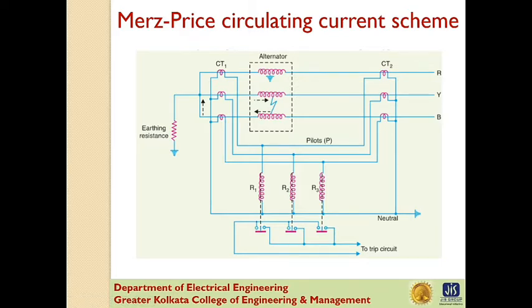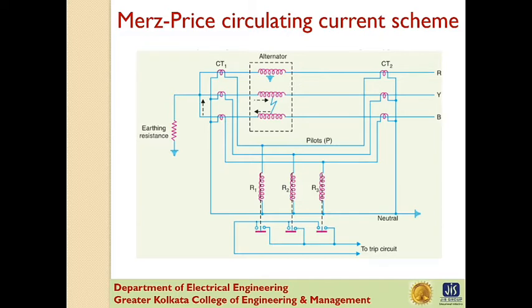The secondaries of each set of current transformers are connected in star. The two neutral points and corresponding terminals of the two star groups are connected together by means of a 4-core pilot cable. Thus, there is an independent path for the current circulating in each pair of current transformers and corresponding pilot wire.